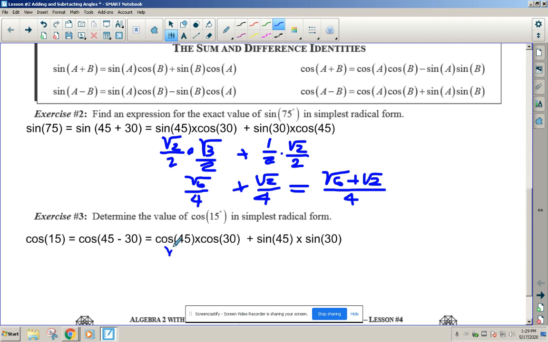The cosine of 45 is rad 2 over 2. Cosine of 30 is rad 3 over 2. Well, this is exactly like this up here, isn't it? This gives me rad 6 over 4.